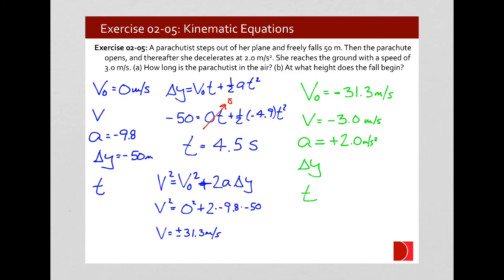So if we're interested in her displacement, we can find that through the same equation as before. V squared equals v naught squared plus 2 times the acceleration times the displacement. This is 3, technically negative 3 squared is equal to negative 31.3 squared plus 2 times 3 times our displacement.